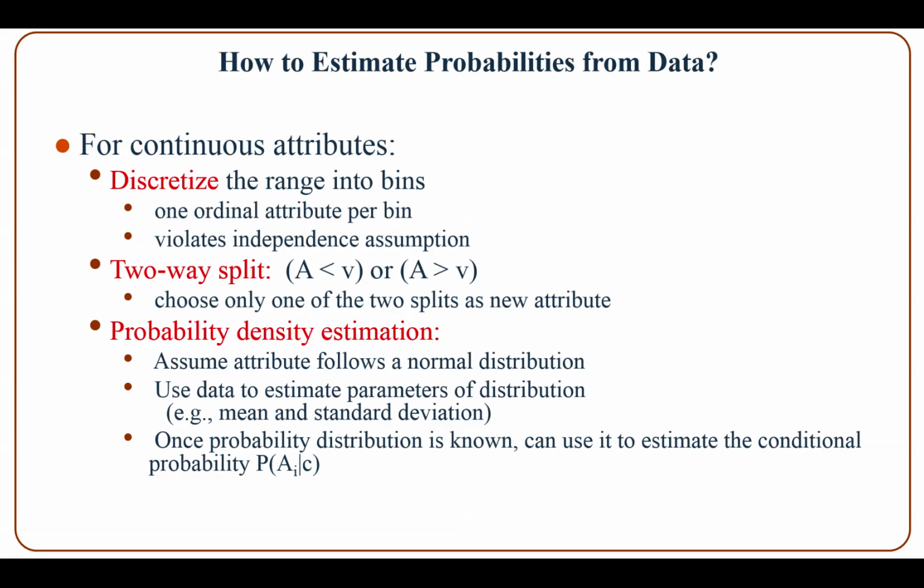For continuous attributes, we have several ways. We can discretize each continuous attribute into bins, or do a two-way split, or assume a certain form of probability distribution for the continuous variable and estimate the parameters of the distribution using the training data.